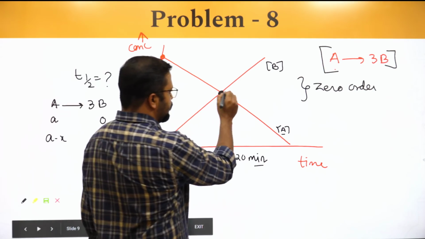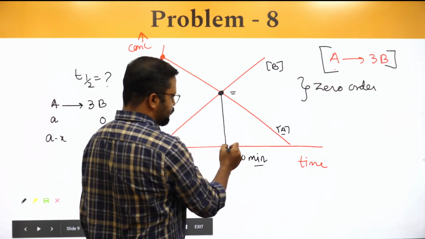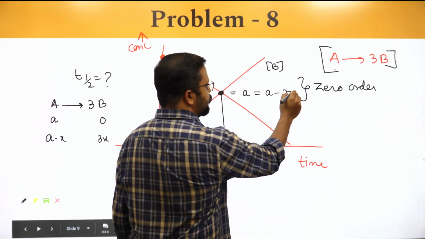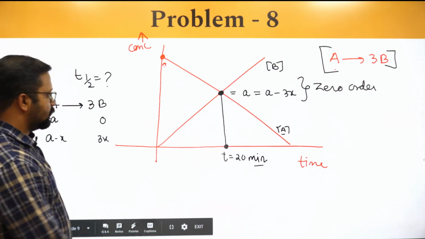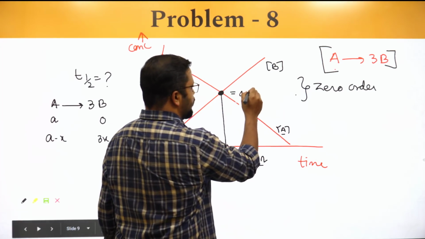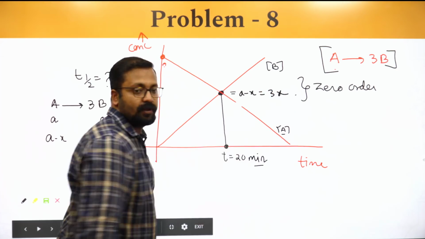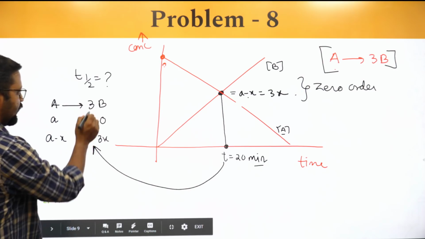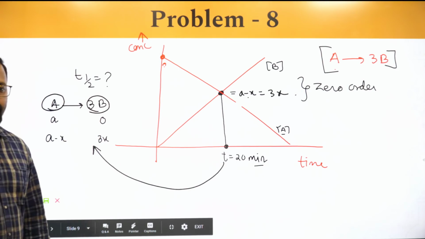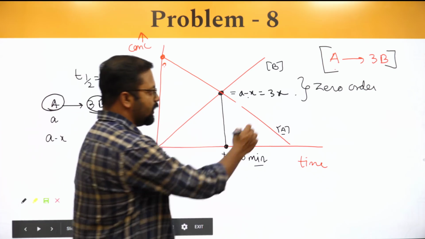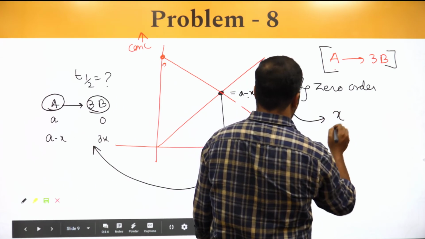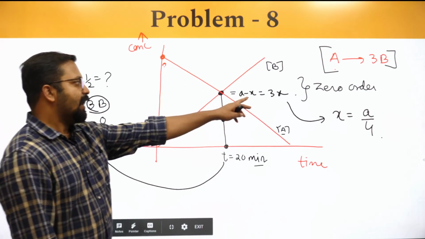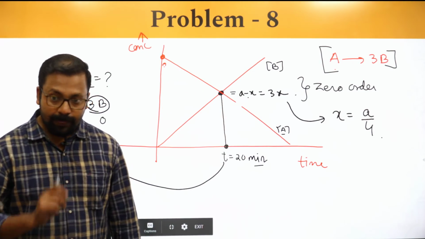At this time, the amount of A and B is the same, so A minus X will be equal to 3X. So can I write X will be equal to A by 4?